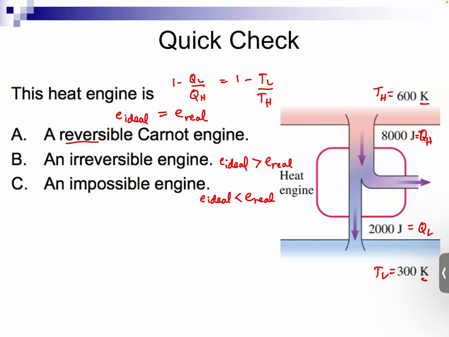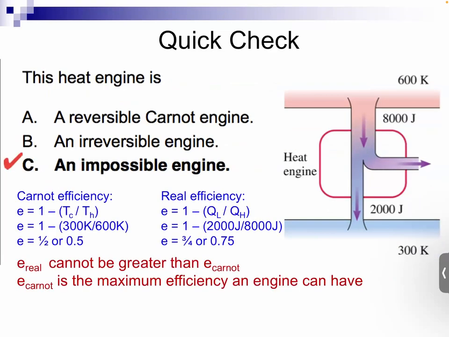So determining the answer requires you to calculate the ideal efficiency and the real efficiency and compare those two. So let's do that. Carnot efficiency uses temperatures. Temperature of the cold, 300, divided by temperature of the hot, 600, and then take that away from 1, gives you an efficiency of 0.5.